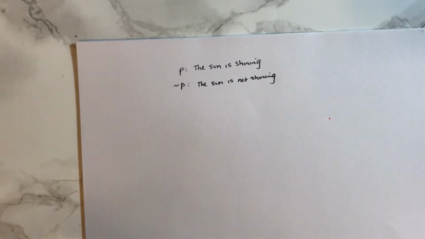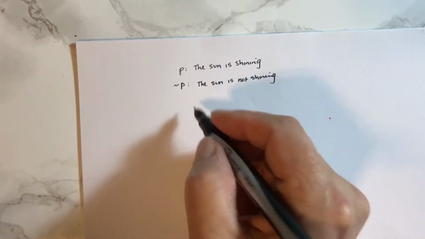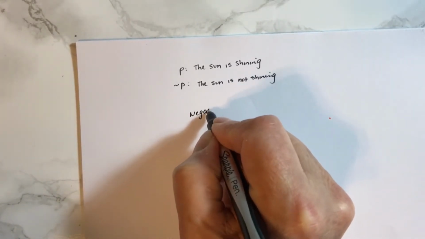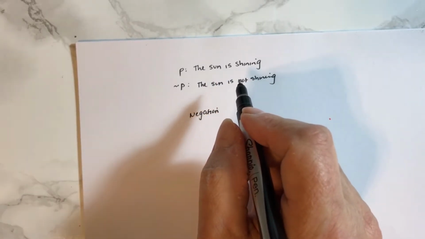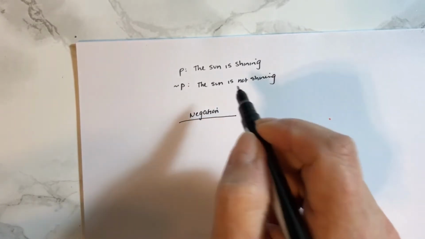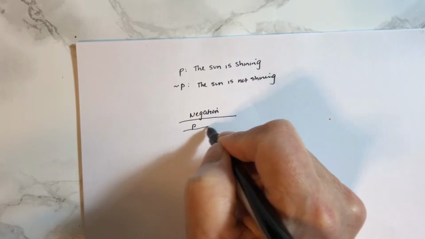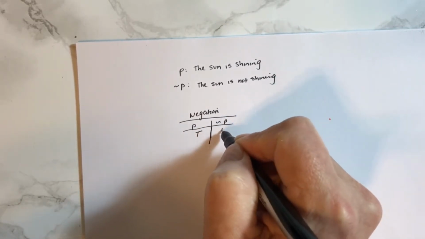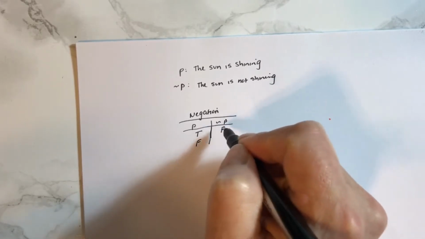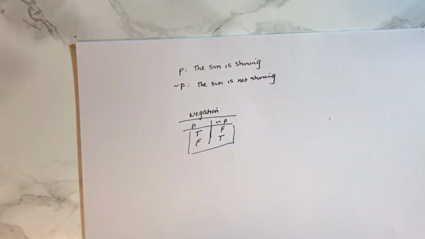And by the way, hopefully you've memorized by now that, for a negation, you have two choices. The statement that we write or that we see or that we make can either be true or false, right? There's two possibilities. It's either going to be true or it's going to be false. So if we think of the statement P and then the statement not P, if P is true, then negating it makes it false. And if P is false, then negating it makes it true. And this would be the little truth table for negation.